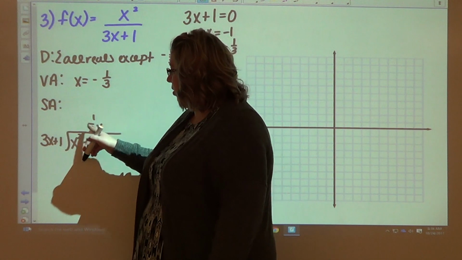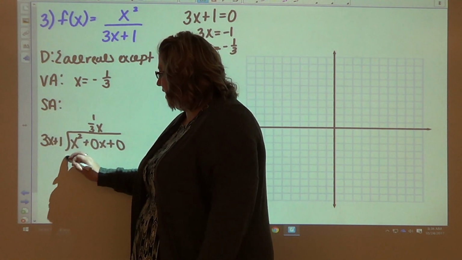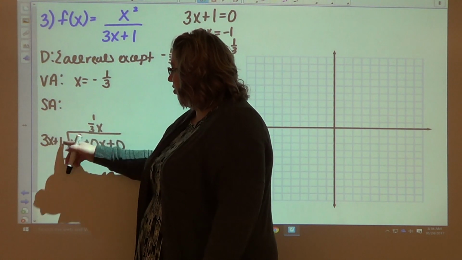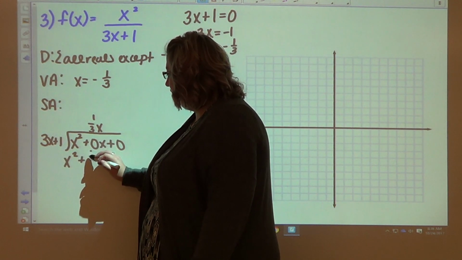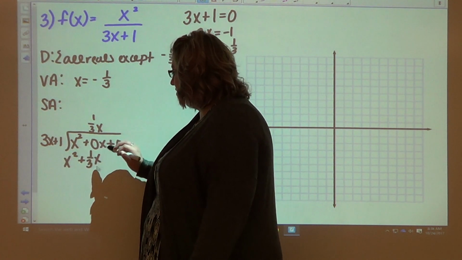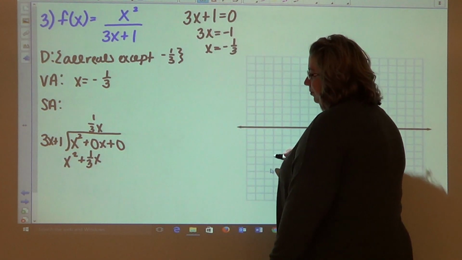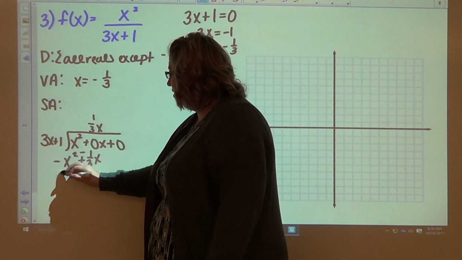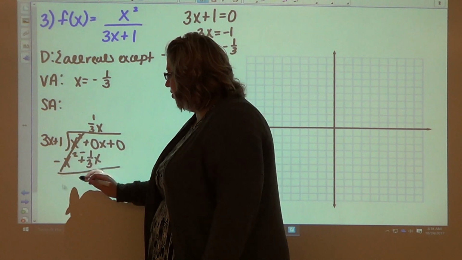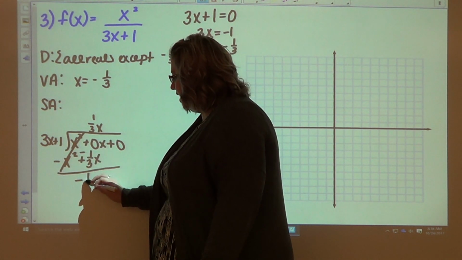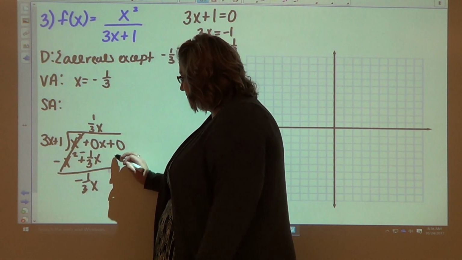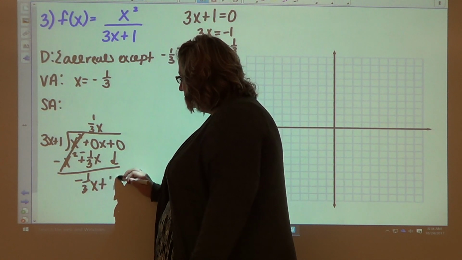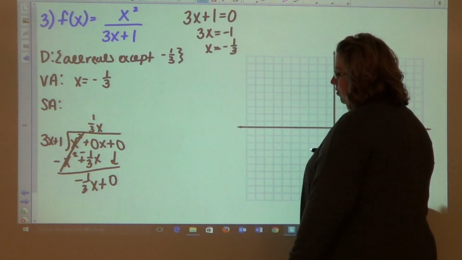So when I multiply 1/3 x times 3x, that is x squared. 1/3 x times 1 is 1/3 x. So I subtract, x squareds cancel, 0 and -1/3 x would be -1/3 x. Bring down the plus 0.